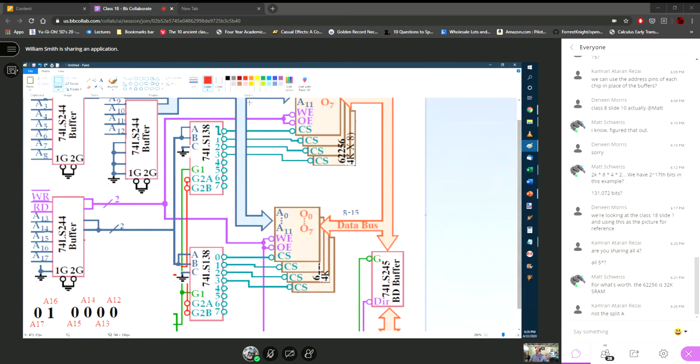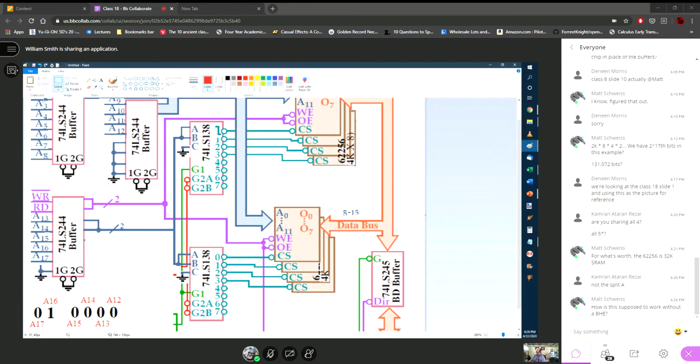Okay, so that'll work. All right, so notice that to select which particular location we want in the particular memory, we figured out we needed A12 down to A1. We're going to get BHE and BLE in there in just a minute, I promise. So working our way down, we decided we needed A12 down to A1. That leaves A13, 14, 15, 16, and 17 because we've got an 18-bit address bus to work with.